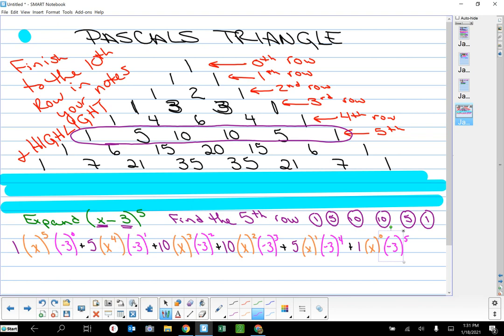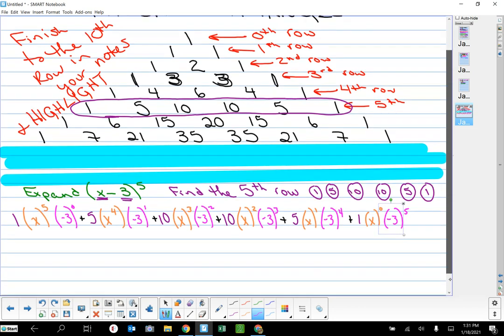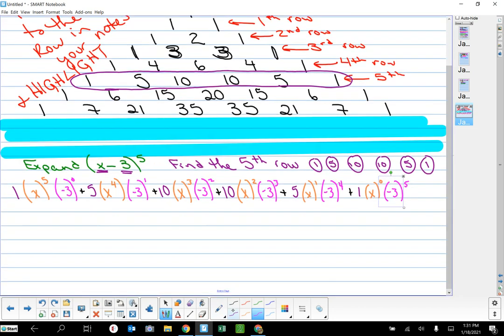Then simplify. You can cross stuff out. -3 to the 0 is 1, so that's going to go away. x to the 0 is 1, so that's going to go away. You have to be careful with your terms too. This is going to be just x to the 5th. -3 to the first is -3, so -3 times 5 is -15 x to the 4th.